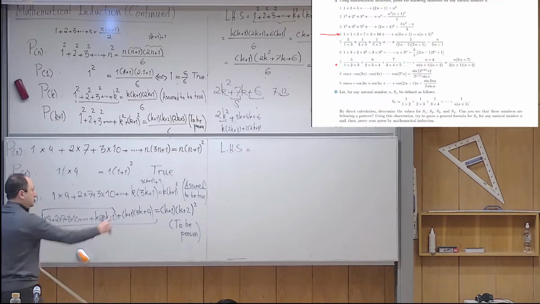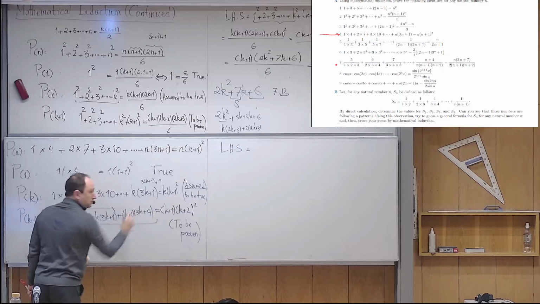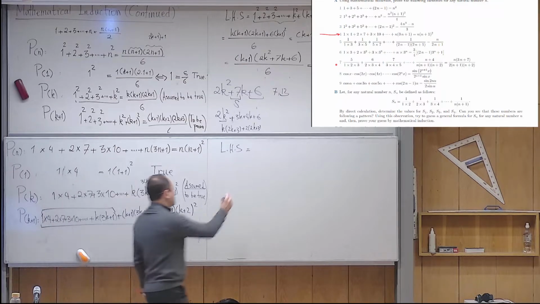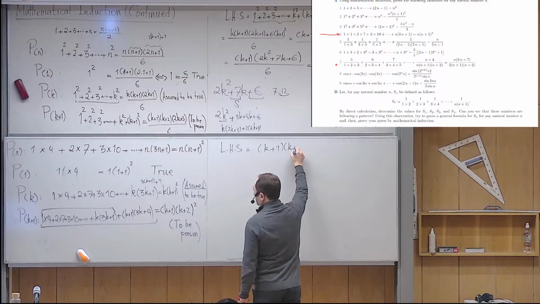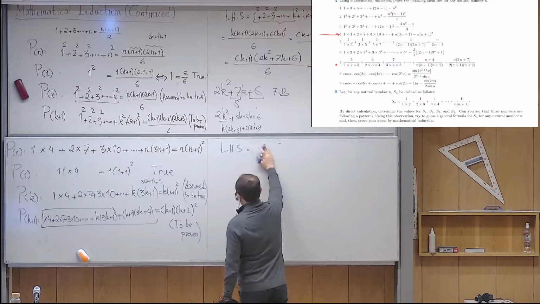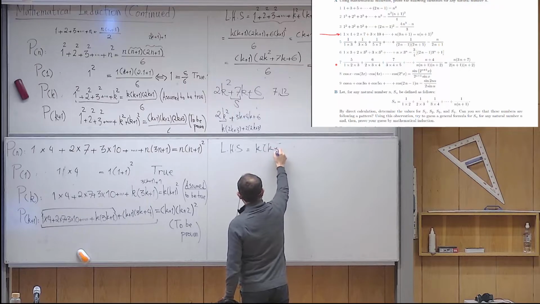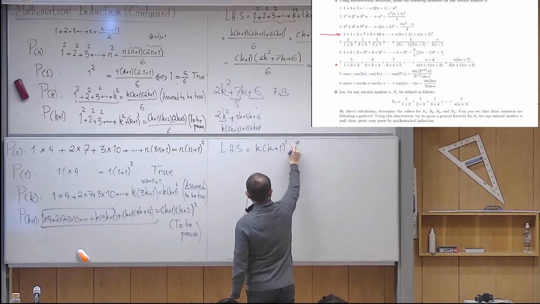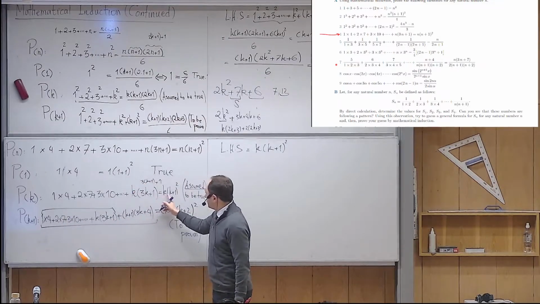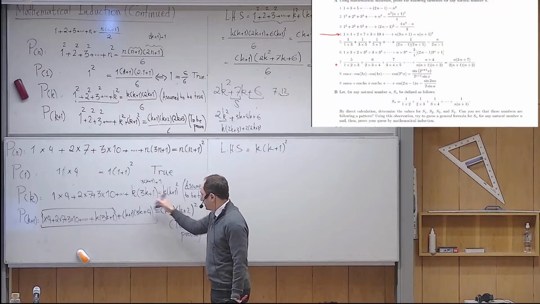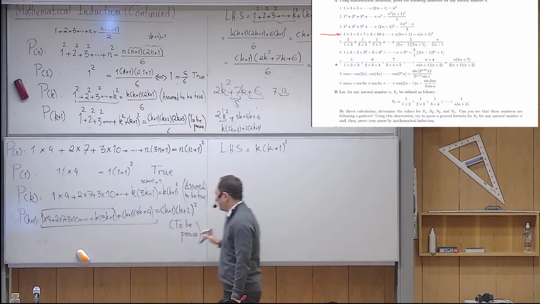So instead of this expression, which appears here again, I take it off and then replace it with this expression. So then I would write here k times k plus 1 squared. Do you remember what I did? I just took this off and then put this expression, because I am assuming that these two are equal. And then I have to continue the rest.